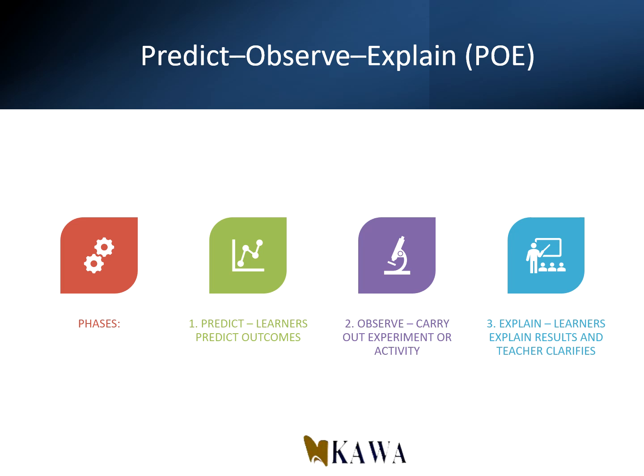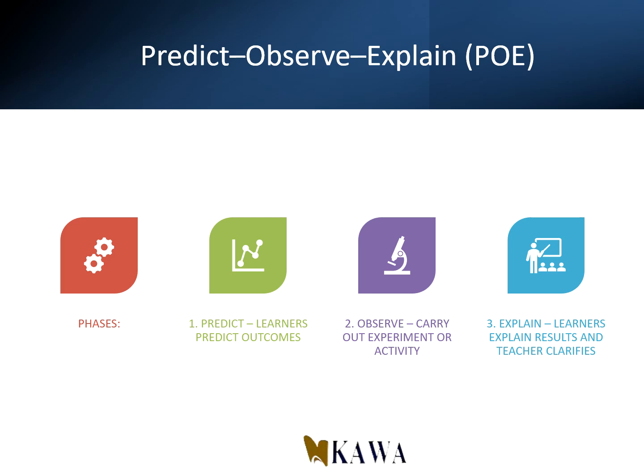In biology, learners can predict what will happen to a seed kept in a dark cupboard, observe its growth, and then explain the role of light in photosynthesis. In chemistry, learners can predict the effect of heating a metal, observe the color change or reaction, and then explain using particle theory.